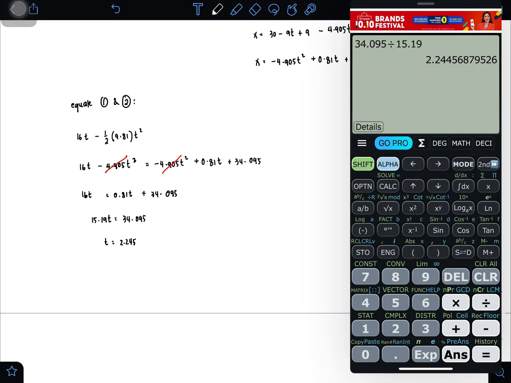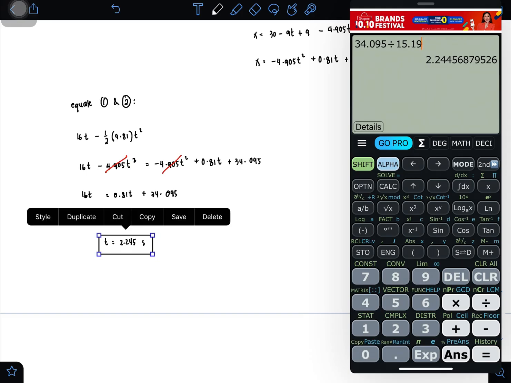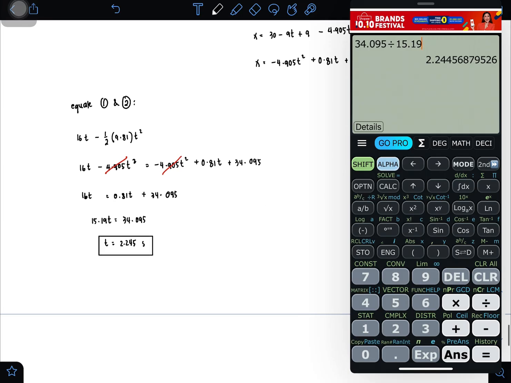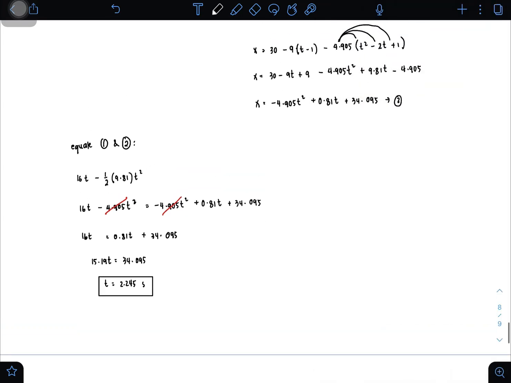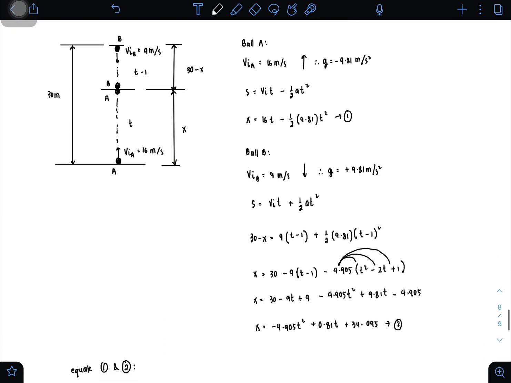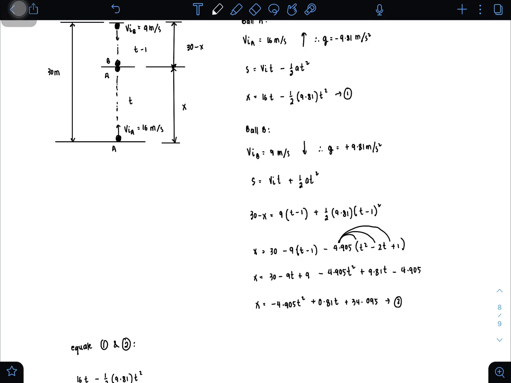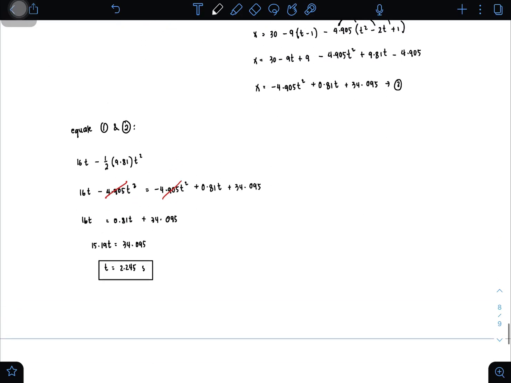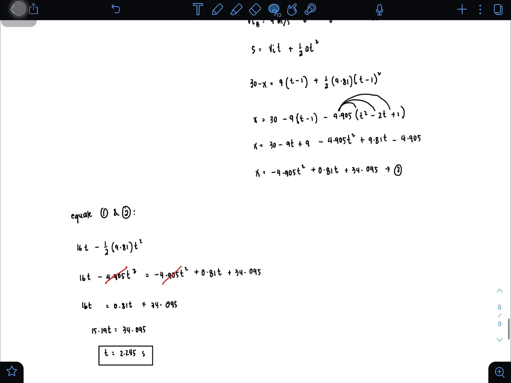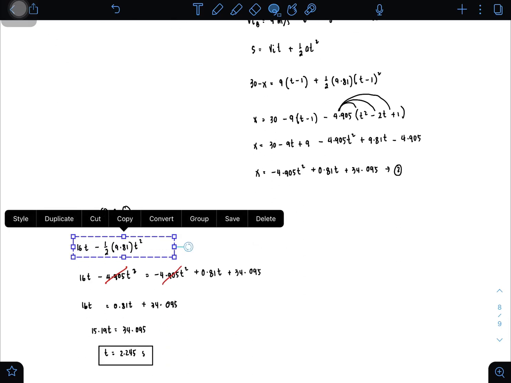And this is in seconds. Okay, so that would be the time. And then the next question is where. So we're going to solve for x. So what is the value of our x? So all we have to do is use this formula. This one, because this is x.